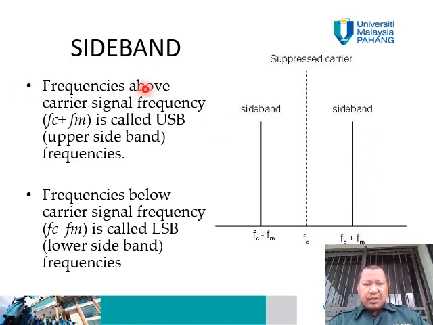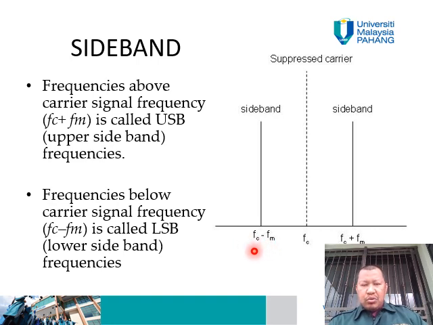Frequencies above the carrier signal are called USB, upper sideband frequency. Frequencies lower than the carrier signal are known as LSB, lower sideband frequency.